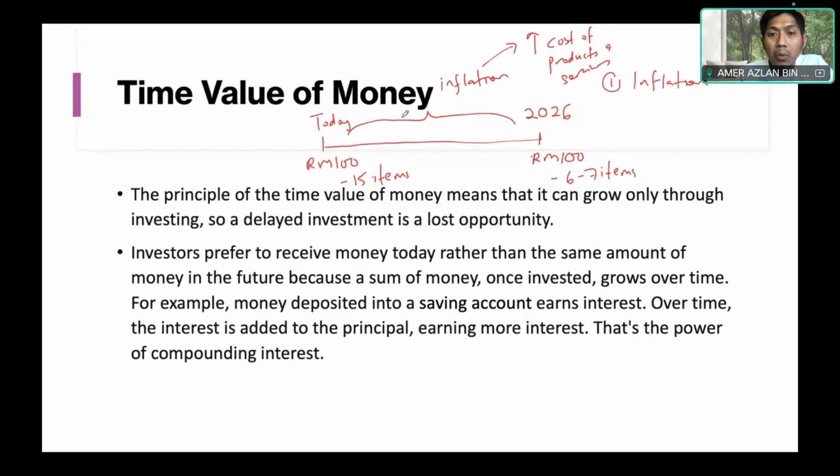So everything slowly will become more and more expensive. So that is why 100 ringgit today is still more valuable if you compare it with 100 ringgit that you are going to receive in the next 2 or 3 years, because of the inflation factor.